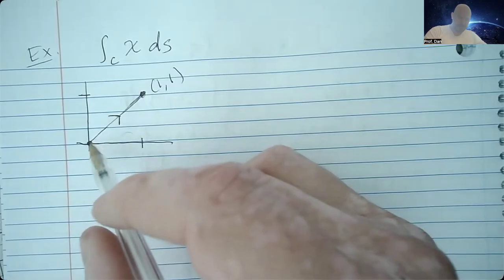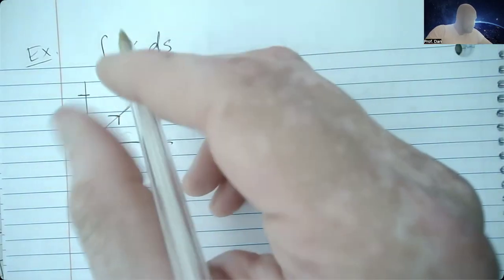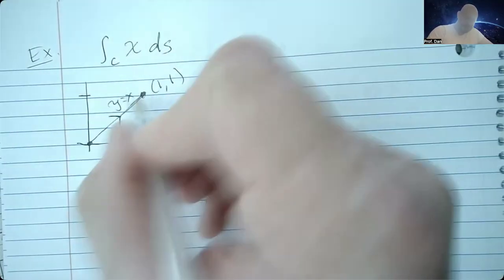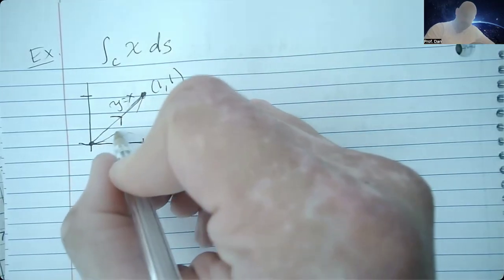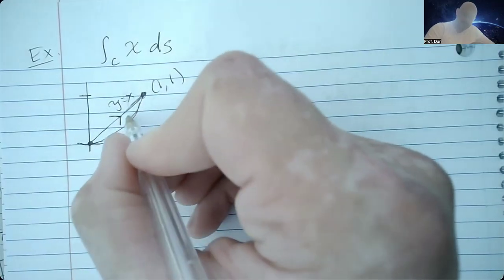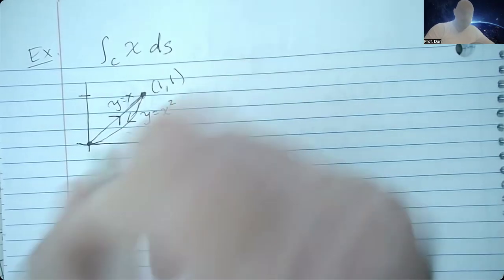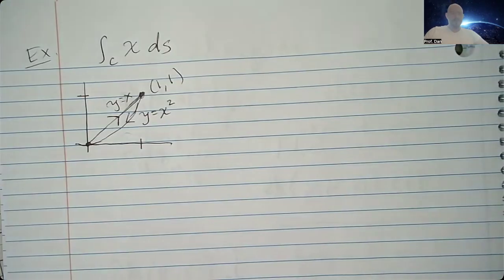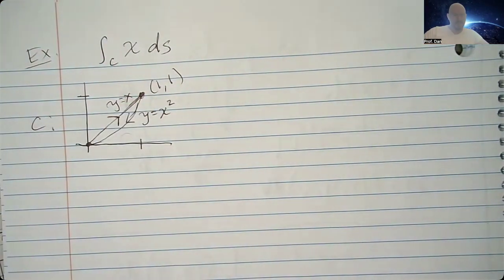Because increasing t, you're moving along that direction. We'll label this as the line y equals x. The second part, we're going to follow a parabolic arc back to the origin, and this parabola can be described by y equals x squared. So this is our c, the pathway.